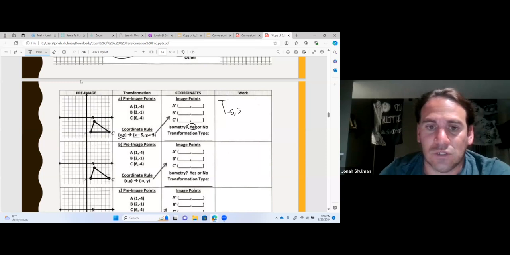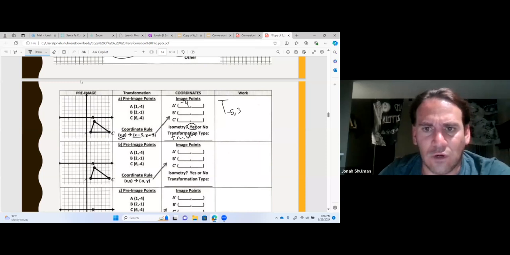So it's yes, translation. 1 minus 5 is going to be what? -4. 1 plus 3 is going to be 4... -4 plus 3 is going to be -1. 2 minus 5 is -3. -1 plus 3 is 2. 6 minus 5 is 1. -4 plus 3 is -1.